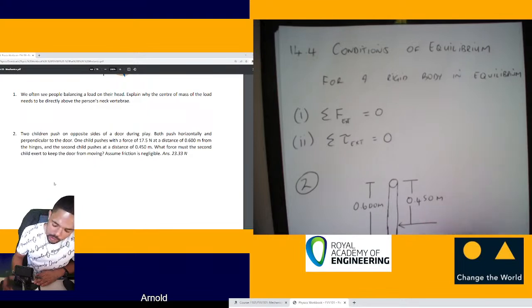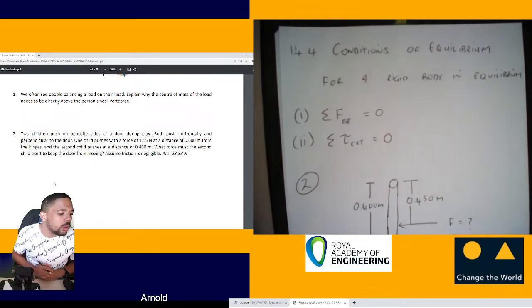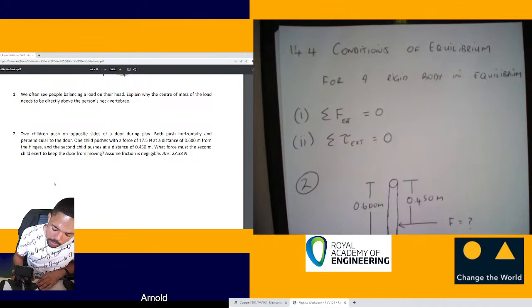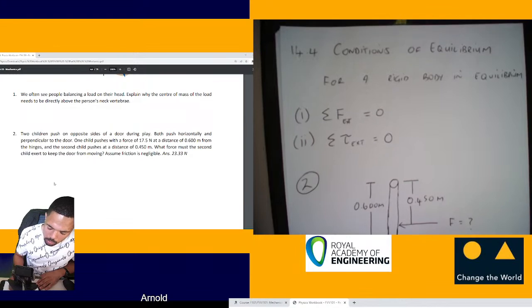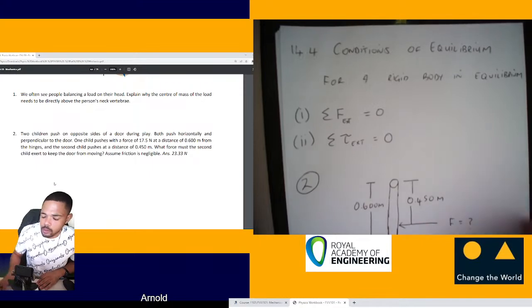What force must the second child exert to keep the door from moving? This child here will cause a torque that is counterclockwise, and the counterclockwise torque must equal the clockwise torque that the second child will bring about.